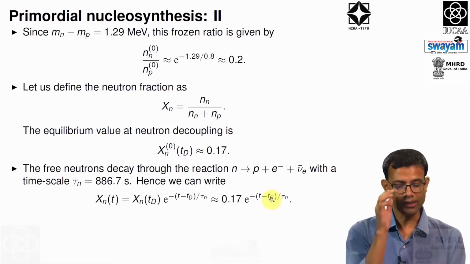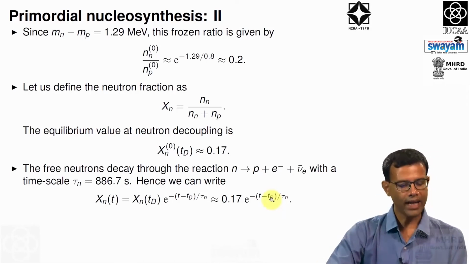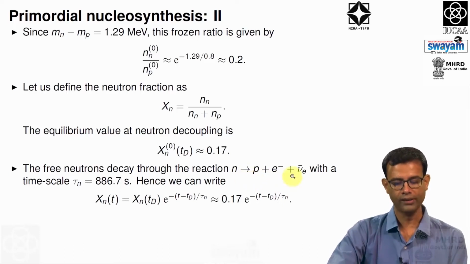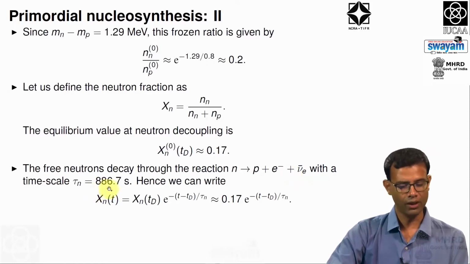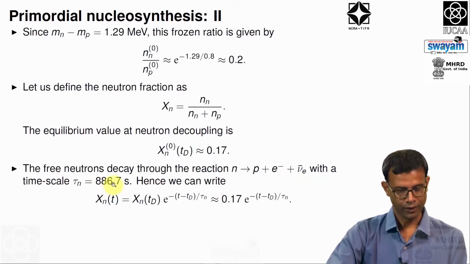Now, if the neutrons are free, they will freely decay through this reaction where a neutron goes to a proton, an electron and an antineutrino. This has a time scale of around 887 seconds. Then the neutron number will go down by a factor which looks like this.